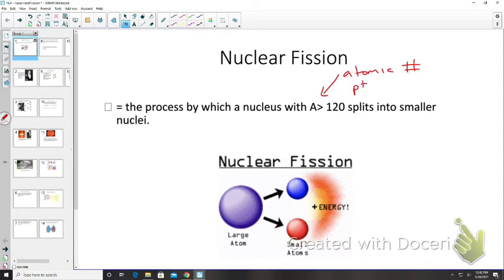So if a nucleus has more than 120 protons, it will split into smaller nuclei. Just like we have here, we have a large atom splitting into two smaller nuclei, and energy is going to be released. So energy is released as a byproduct of fission.